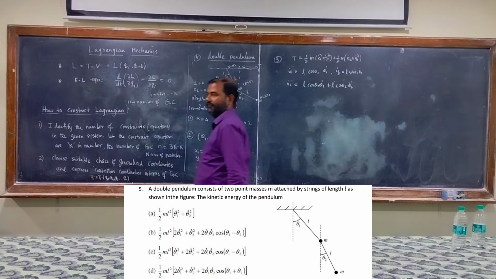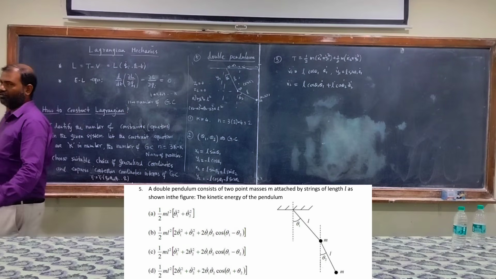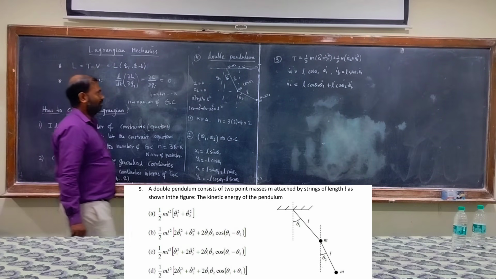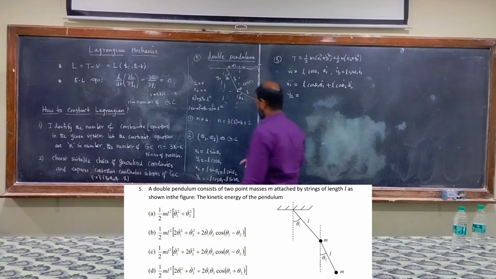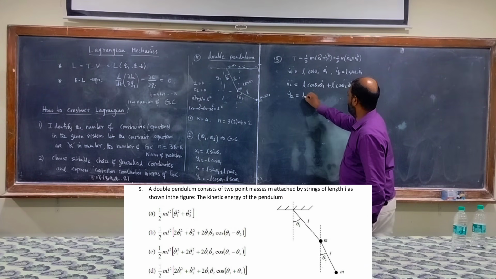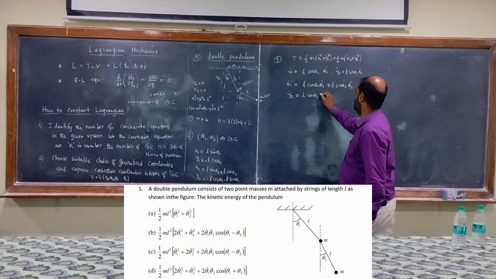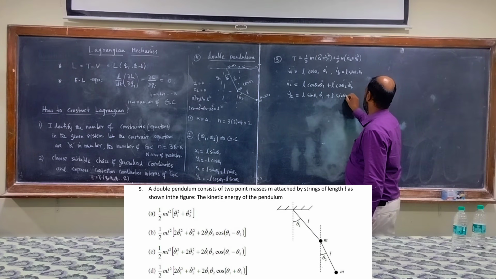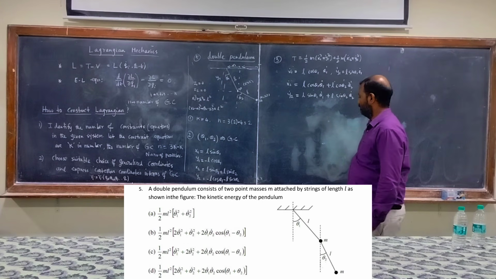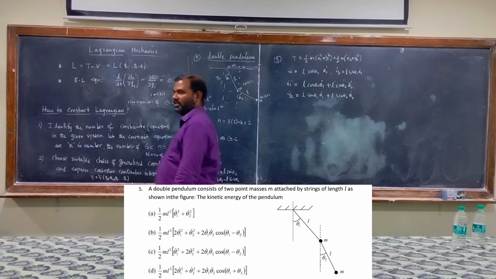Are you following? Yes, just plainly do the differentiation. What about y2 dot? y2 dot is L sin theta 1 theta 1 dot plus L sin theta 2 theta 2 dot. Okay, this is clear.